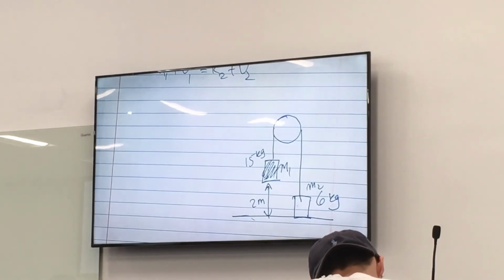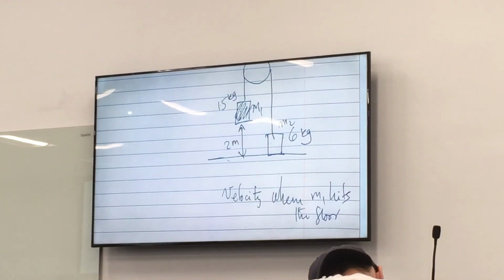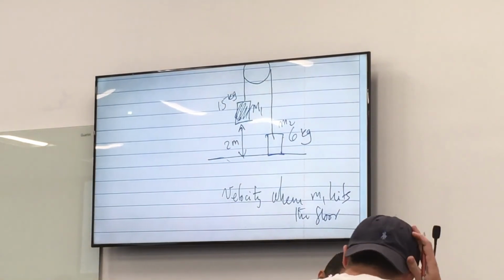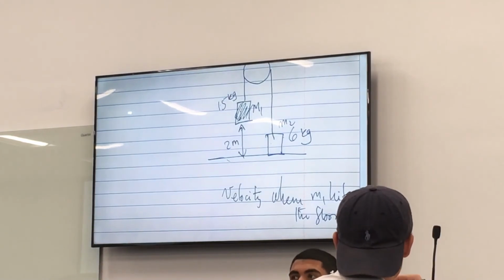How do you calculate this? Do you already know how to calculate this? You can use chapter 5. I think you did a similar problem. You draw a free body diagram, put the acceleration. Once you get the acceleration, you can calculate now the velocity, right? But here, it's much simpler.